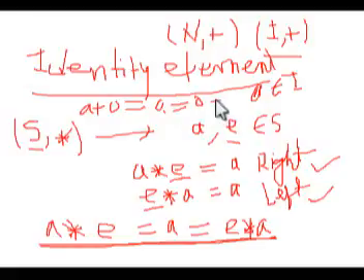That's why in this example, the set of integers with the binary operation addition has an identity element. But the set of natural numbers with the binary operation addition, though it satisfies the closure property, does not have any identity element.